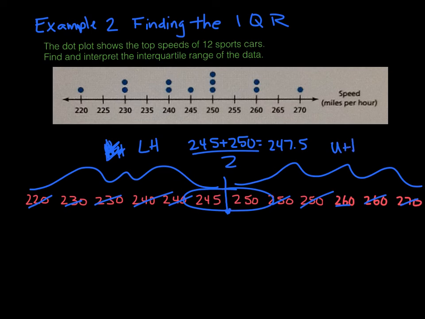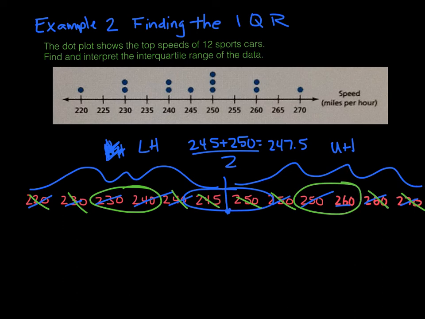Now I'm going to do the process over again. I'm going to start with the numbers on my left-hand side, including the 245, and find the median of those numbers. So I'm going to cross off, cross off, and I'm left with 2. Do the same thing over here, cross off, cross off, left with 2.